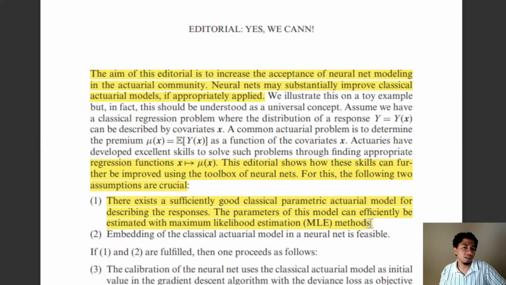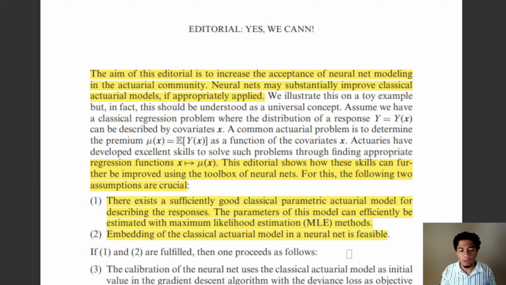So basically it says you need to have a parametric model that exists, right? And those parameters need to be estimated using MLE techniques. It should be familiar to actuaries. Let's park that and say, you have a model, assumption 1 is met.